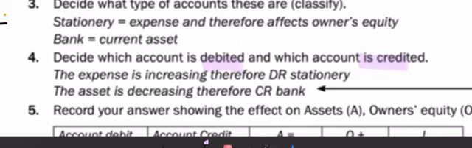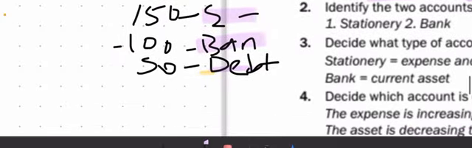Which account is debited, which account is credited, which account increases on the left, which account decreases on the left. In this case, we have identified that the bank is an asset. We have identified that the stationery is an expense, which makes things easier because the money is decreasing the bank balance because we are paying for something.